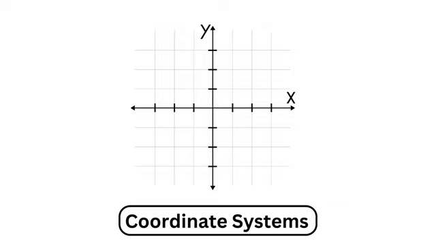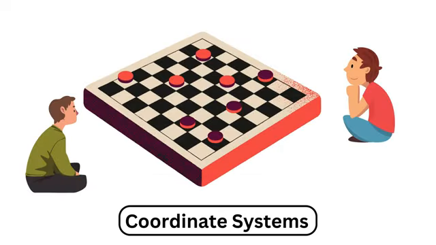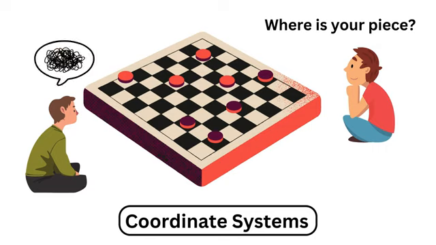Before we start with vectors, let's talk about the coordinate system, which is kind of a map that helps us understand position and movement. Imagine you are playing a board game, and the board has squares. If someone asks, "Where is your piece?" we need a way to describe its location. This is where coordinates come in.